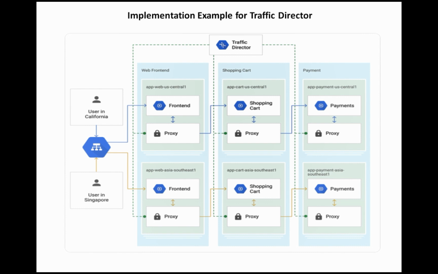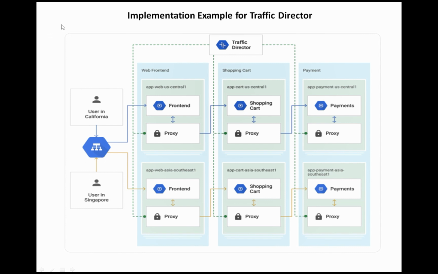Whenever a user sends a request for this microservice, if you see in this diagram, there is a user who's sitting in California and a user who's sitting in Singapore.